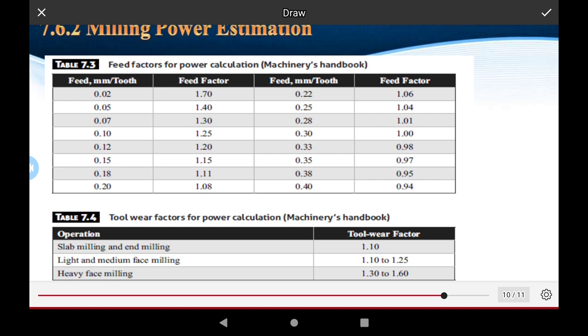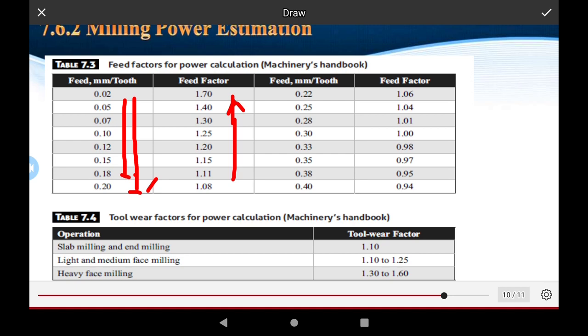For milling operations, the feed rate is the feed per tooth, for example 0.02 to 0.20. The feed factors are 1.70, 1.40, 1.30, 1.25, 1.20, 1.15, 1.06, 1.11, and 1.00. As the feed per tooth decreases, the feed factor increases.